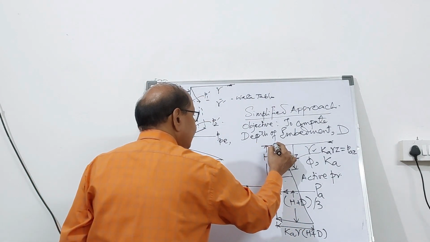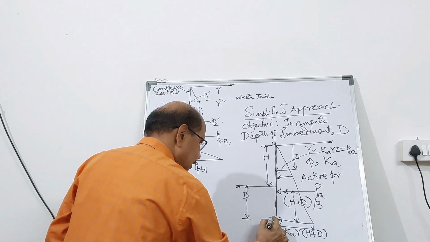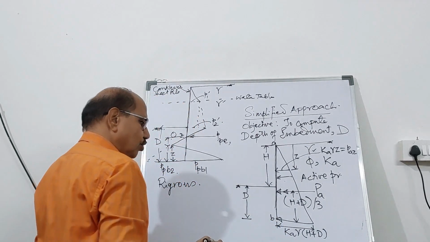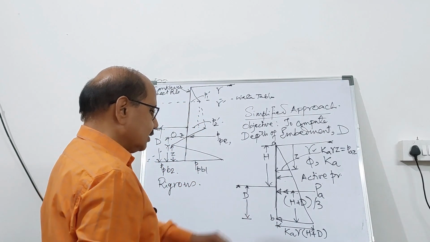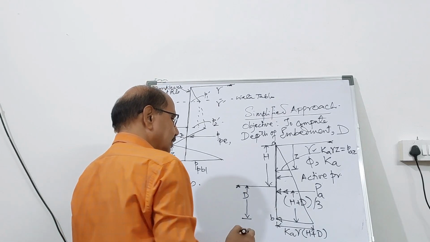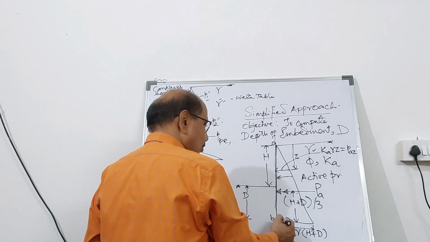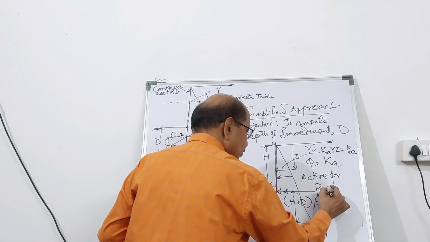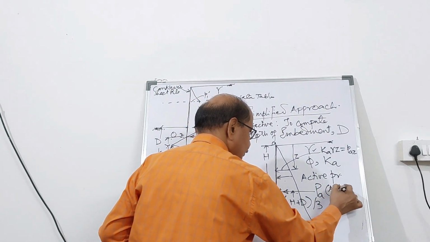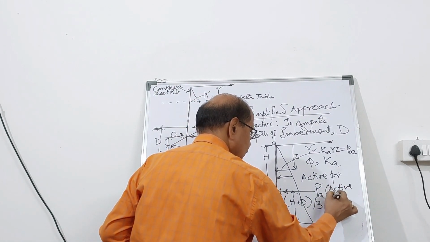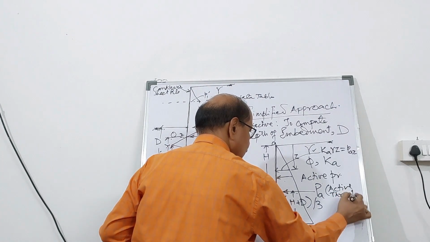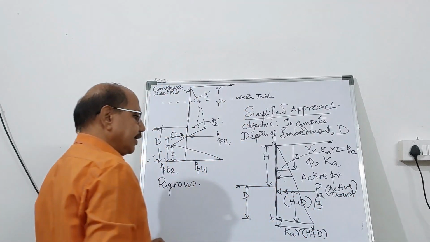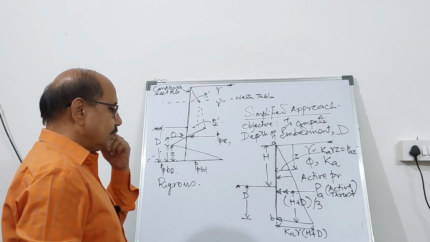So the top point is called A, and the bottommost point is called B. Therefore, from the bottommost point, the point of application of the active thrust will be at H plus D by 3.